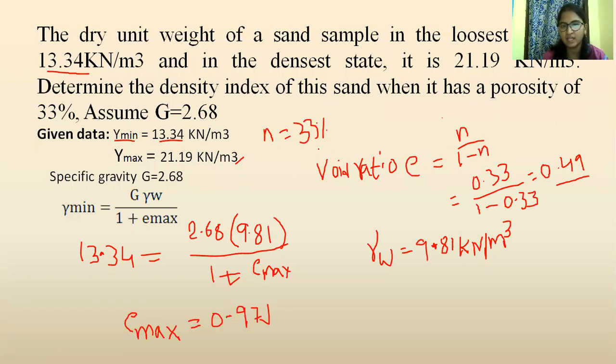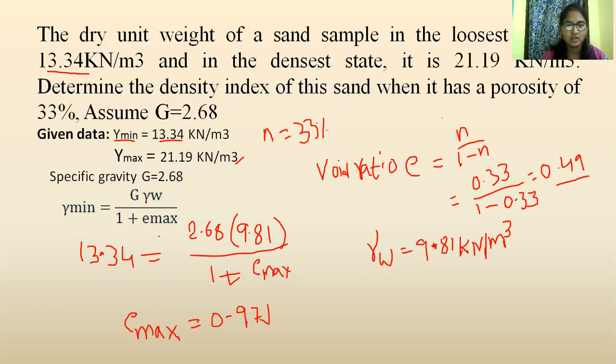Already the porosity value n is given as 33%. So e is equal to n by 1 minus n, 0.33 divided by 1 minus 0.33, which is 0.49.